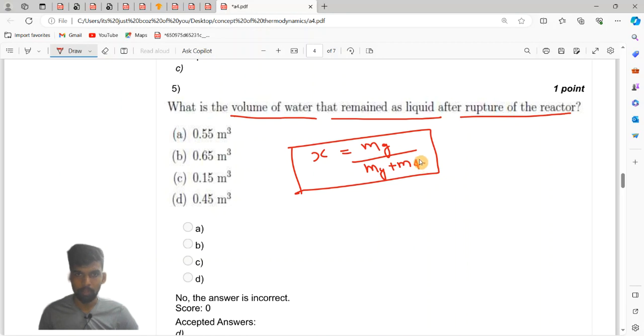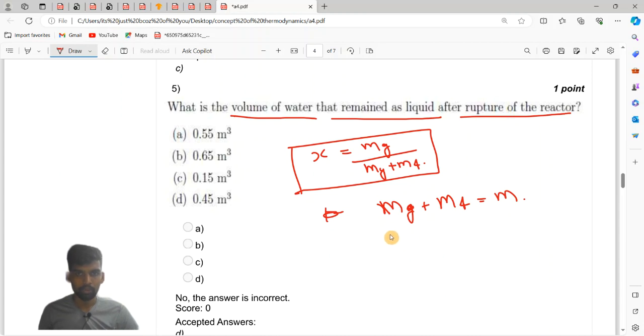So that's what quality signifies. If we need to calculate the volume of liquid, mass of vapor plus mass of liquid is equal to total mass.